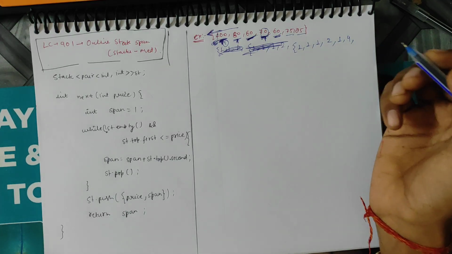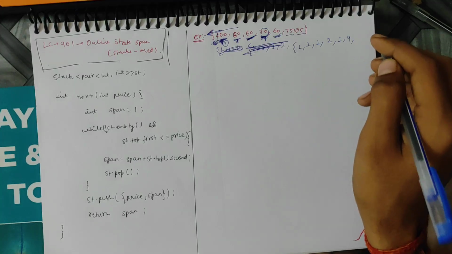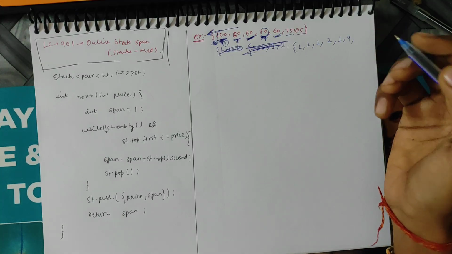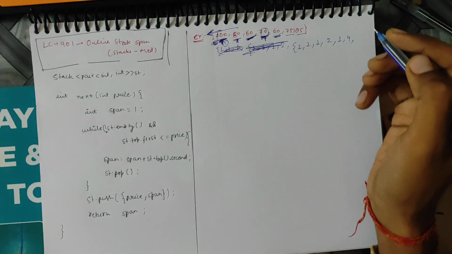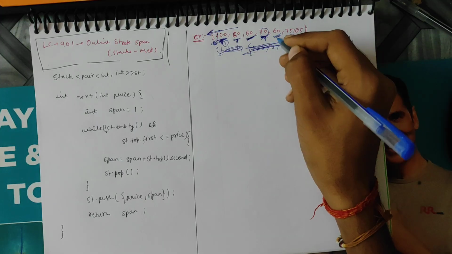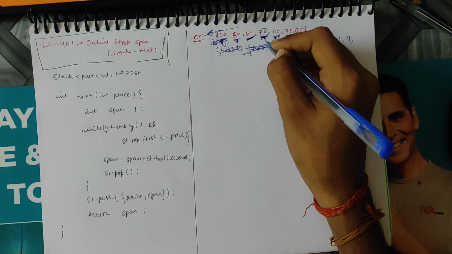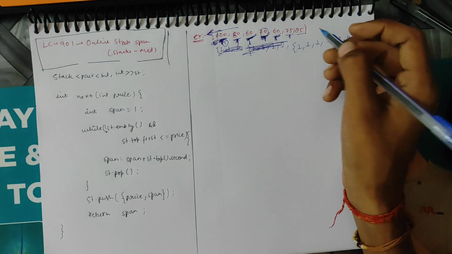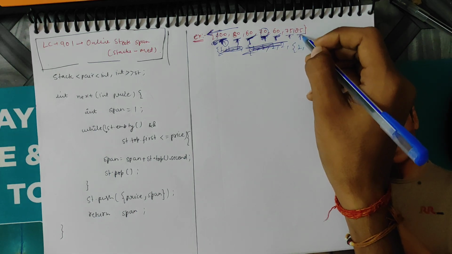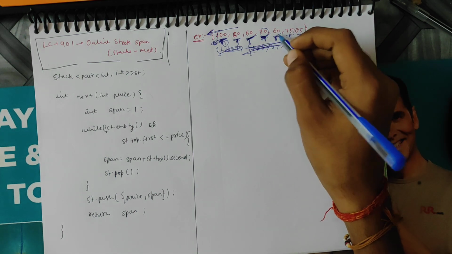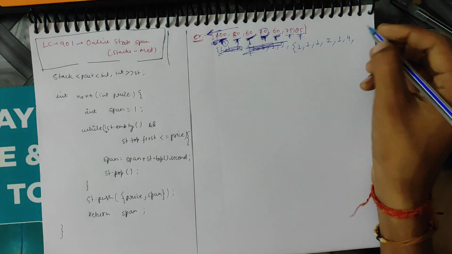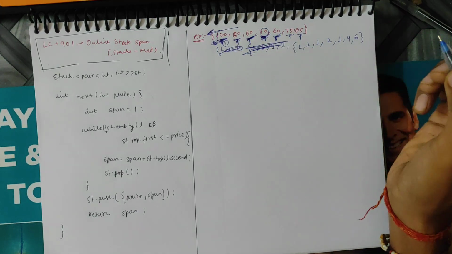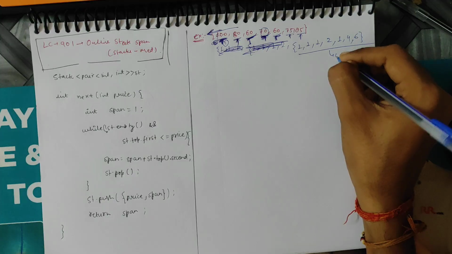How many elements present before 85 are less than 85? 1, 2, 3, 4, 5, and 85 itself, so 6. So we have 6 elements. Now this is our answer.